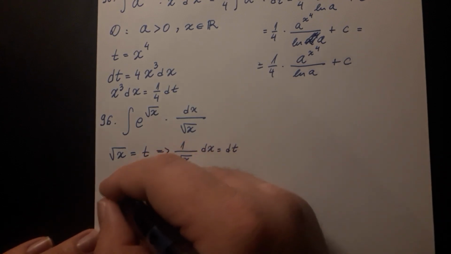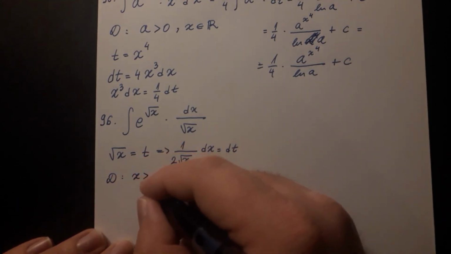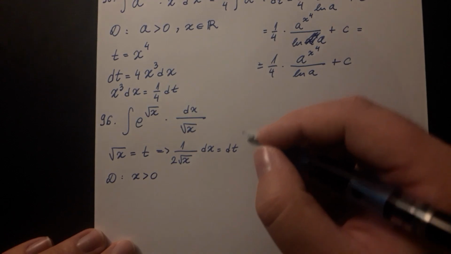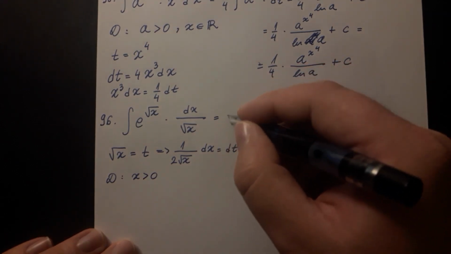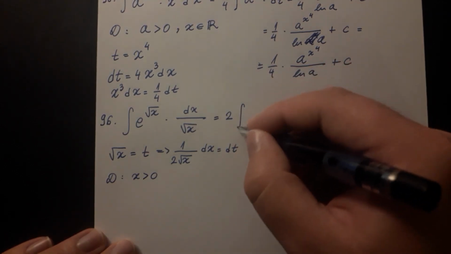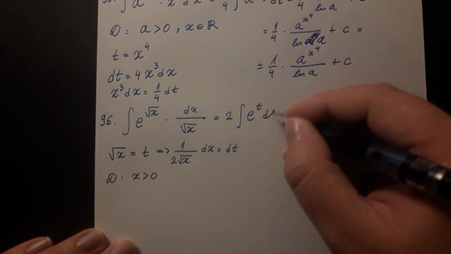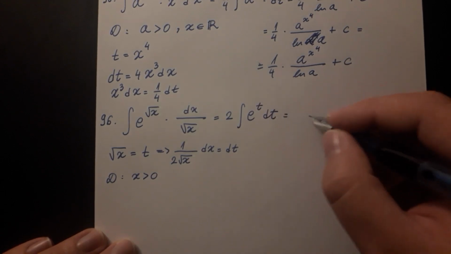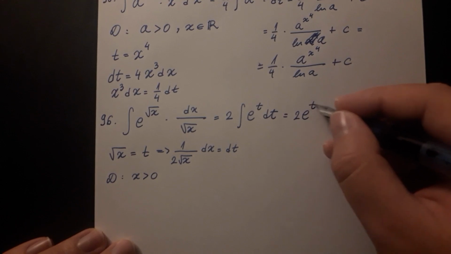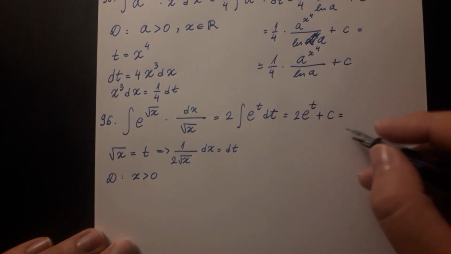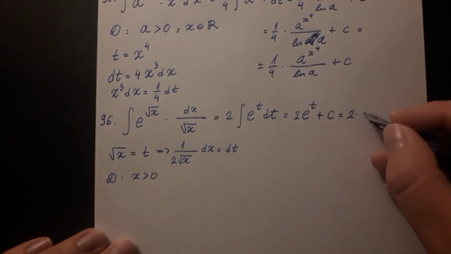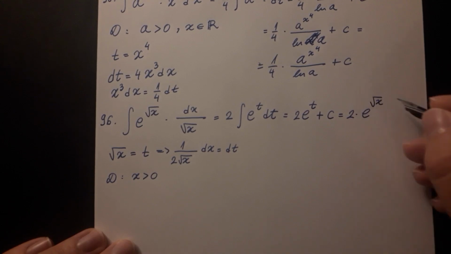The area in which this integral is defined is for all x's which are larger than 0, and this integral gets transformed into two integrals of e to the power t dt, which is equal to 2e to the power t plus a constant c, which is equal to 2 times e to the power square root of x plus c.